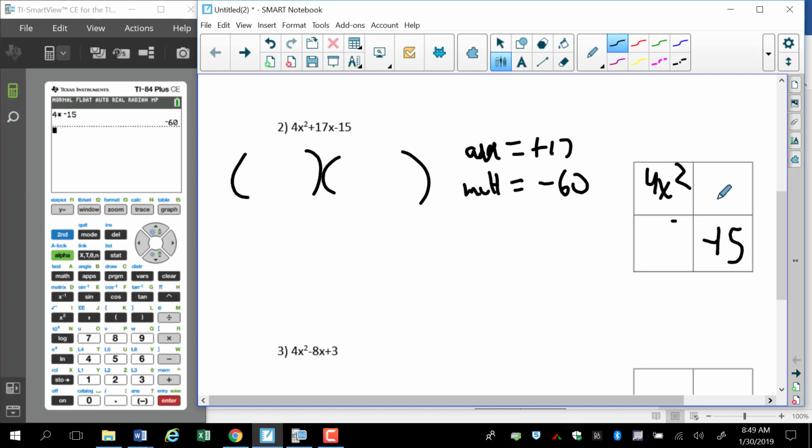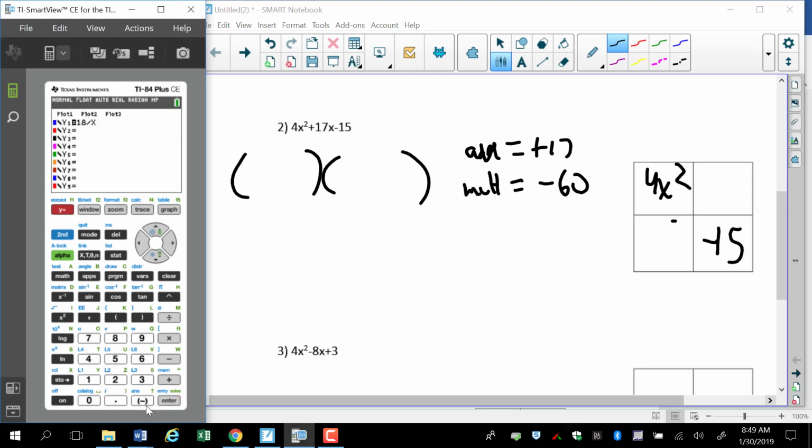So whatever we put in these two boxes has to multiply to negative 60 and add to 17. So if we go back to here, we can just type in negative 60 divided by x. If we don't want to do this in our head, we go to our table of values and scroll up and down to see which of these are going to add to 17. If you scroll down here, I see I have a 3 and a negative 20.